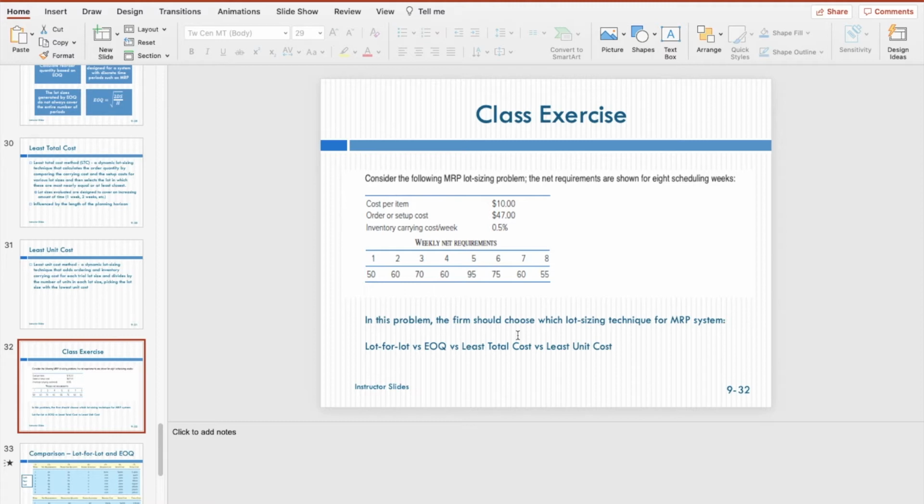Then finally, what we want to figure out is which lot sizing technique gives us the best result, basically the lowest cost among all of the alternatives within this information context.